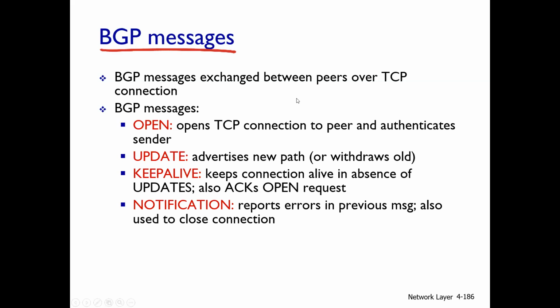So the BGP messages are exchanged between peers over TCP connections, and typical message types, some examples, are open, to open a TCP connection and get authenticated; update, to advertise a new path or withdraw old paths; and keep alive, so that you know the other peer BGP router is alive. In the absence of this, you know it's gone down. You will then request it again.